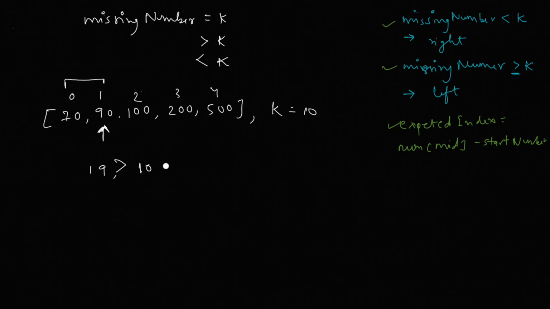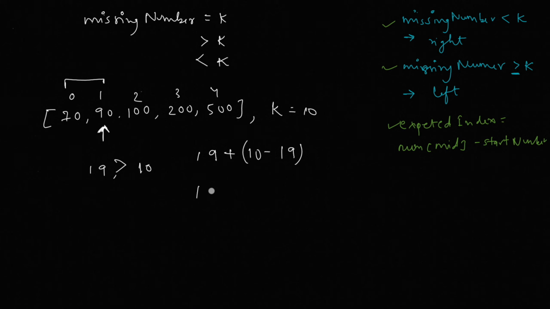We basically just want to return whatever is the number pointed to by the mid, plus k minus the missing numbers. So k is actually, in this case, 10. So you want to do minus the missing numbers, and the missing numbers is actually 19. So what does this give you? This gives you negative 9, right?